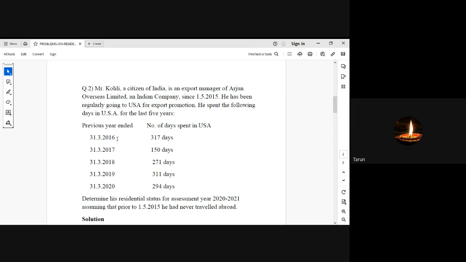That 2015-16, 317 days; 2016-17, 150 days; 2017-18, 271 days; 2018-19, 311 days; and 2020, 294 days.